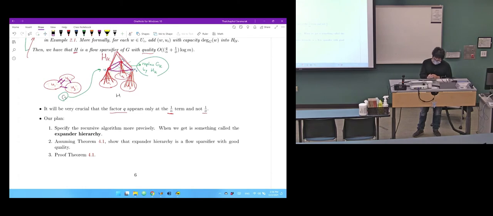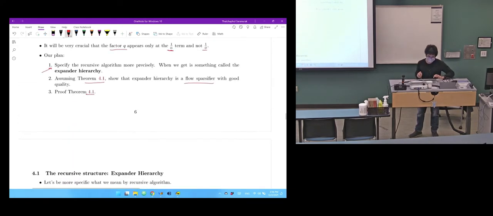Once we specify the algorithm, let's assume the theorem, and we will construct the flow sparsifier with good quality for any graph, and then we will prove the theorem.